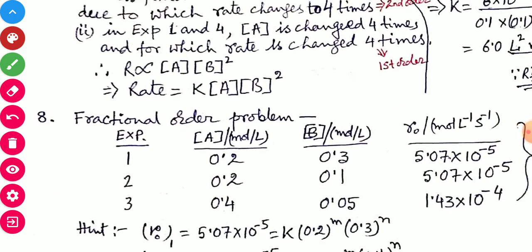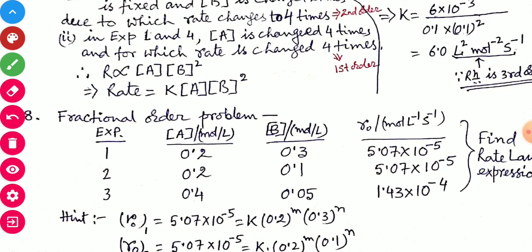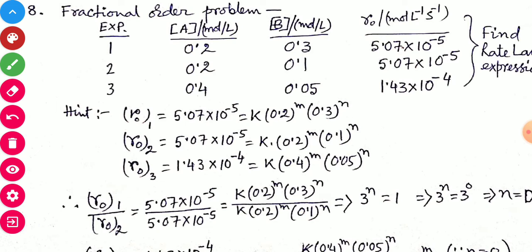Question number 8. Fractional order problem. Experiment 1, 2 and 3: molar concentration of A 0.2, 0.2, 0.4, molar concentration of B 0.3, 0.1, 0.5. Initial rate 5.07 into 10 to the power minus 5, 5.07 into 10 to the power minus 5, but in case of 3, 1.43 into 10 to the power minus 4.